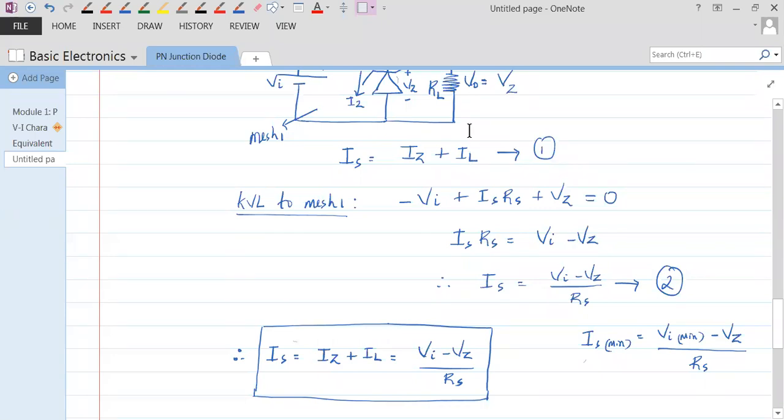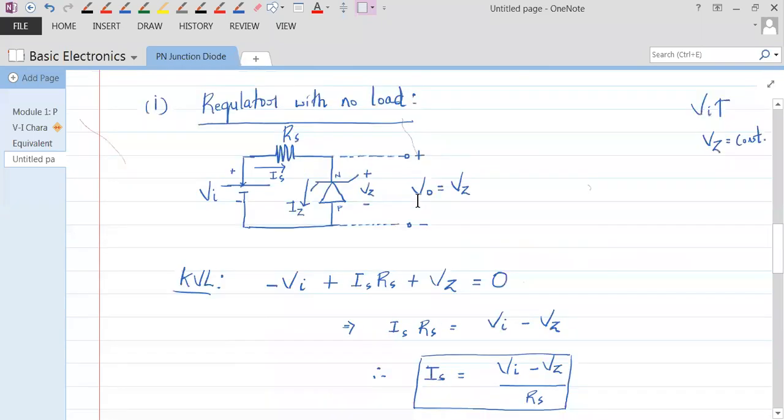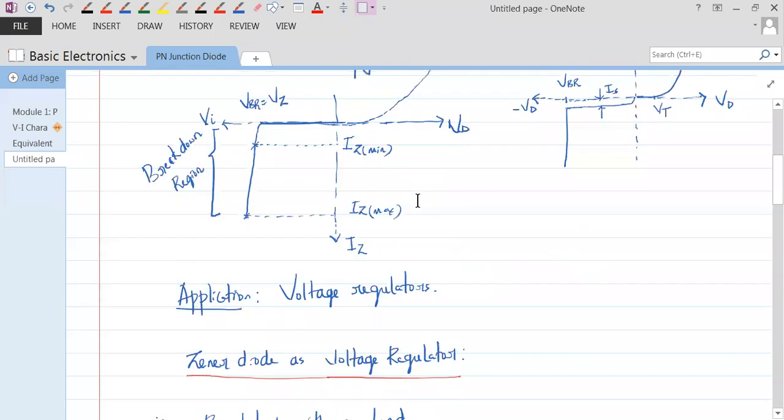Understand that there is some load current, but I have to be controlling this. So what is the range in which I can operate? I can operate in the range where Iz is between Iz minimum and Iz maximum. Within this range I can operate. So if you have to operate in this range, Vi has to be Vi minimum for Iz to be Iz minimum.